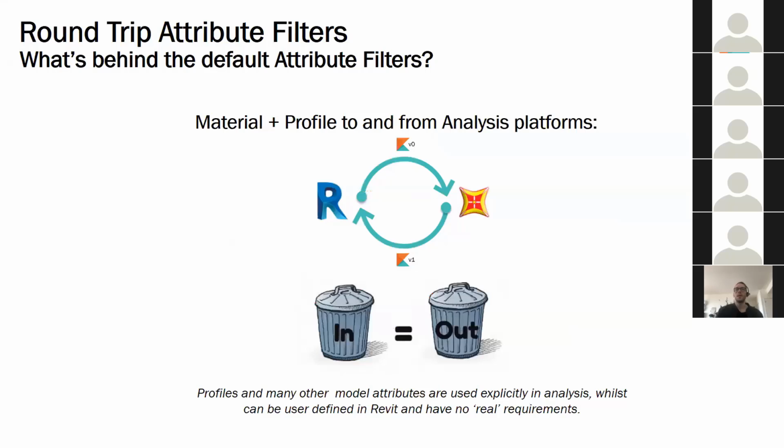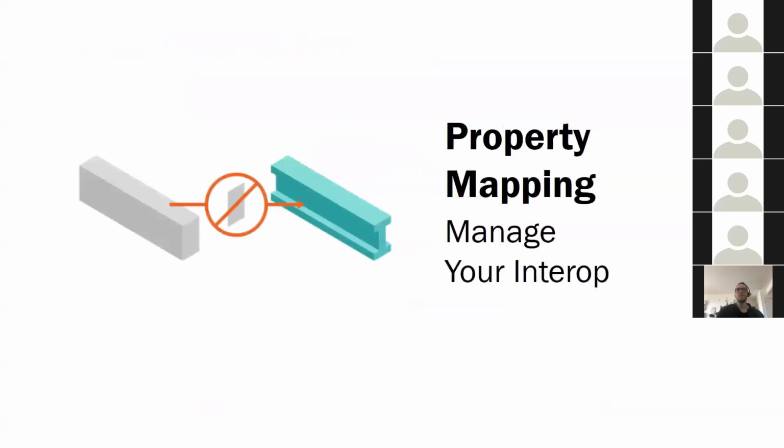They can come in and out. In other words, profiles and many other model attributes are used explicitly in analysis, while they can be user-defined in Revit and have no real requirements. For example, forces: if you define a series of forces in Revit, or a series of parameters for forces, you can take them from SAP or ETABS, and then they should be able to be read back and plotted back into Revit.